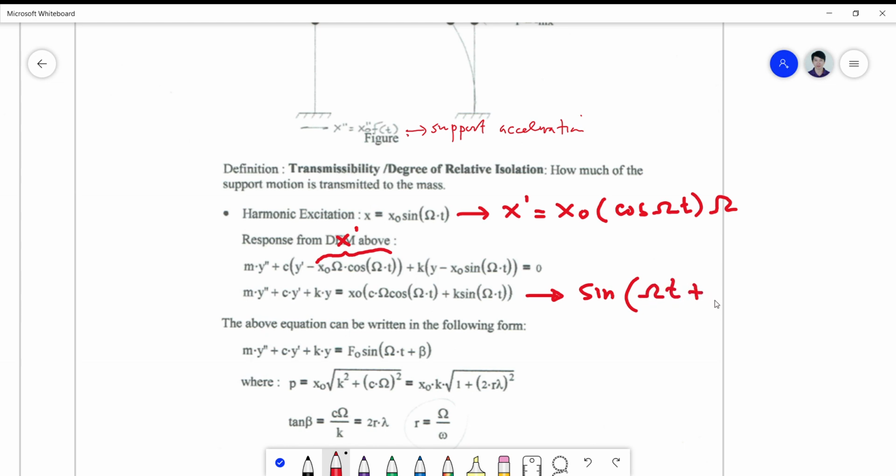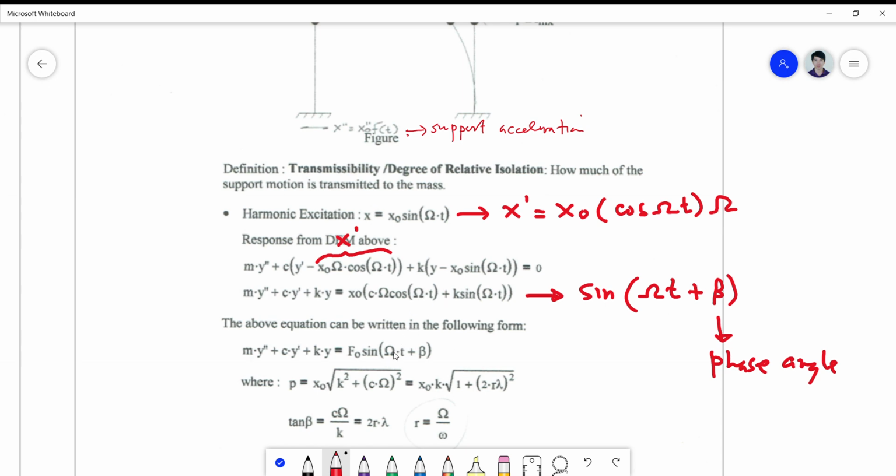Remember that if you define a phase angle, the sine and cosine graph can be converted simply into each other by introducing a phase angle that will shift the origin to the left or to the right, depending upon the sign of your phase angle. So this is a simpler equation.